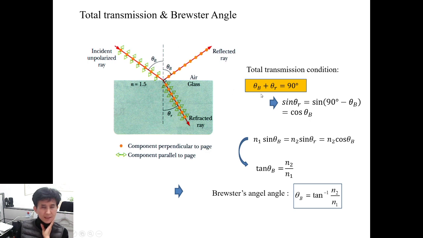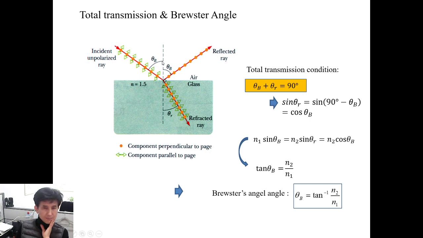For a special case, theta b is the reflected light angle, which is also the same as the input angle, and theta r represents the refracted light, the transmitted light.